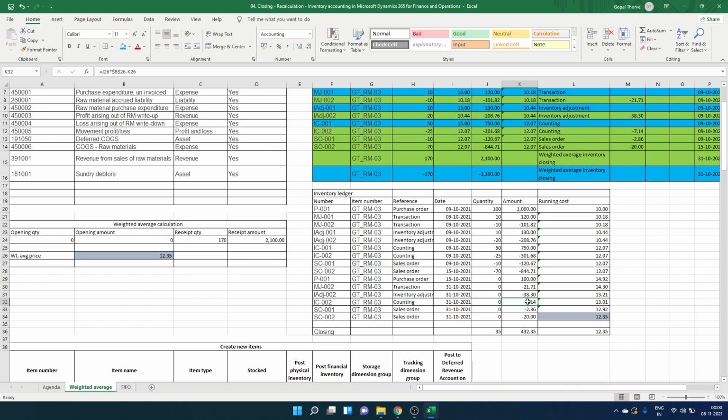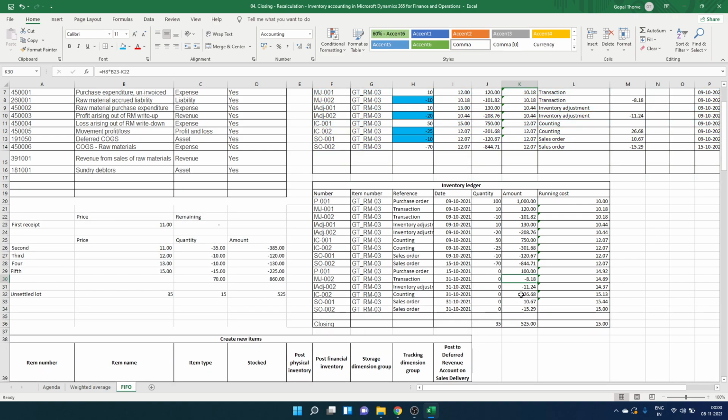But in the weighted average valuation method also, this can be positive and inventory can come back, and your profit and loss or cost of goods sold can be reduced. In FIFO we have seen that. In these two transactions, while posting the real-time transaction, the cost was less, the inventory was issued with less amount, but as per FIFO it should be more. So it is a credit to inventory and debit to profit and loss account.